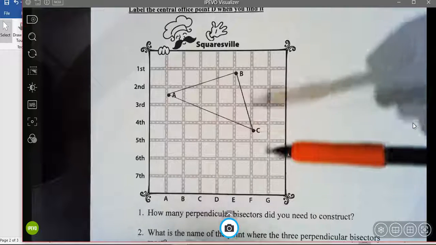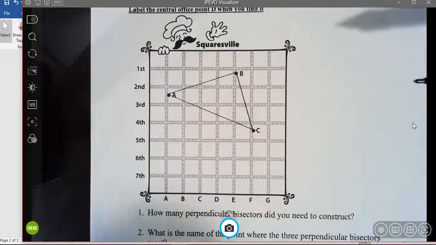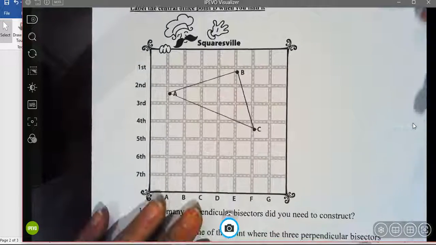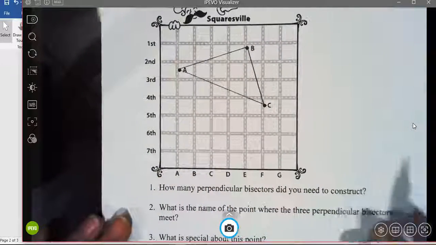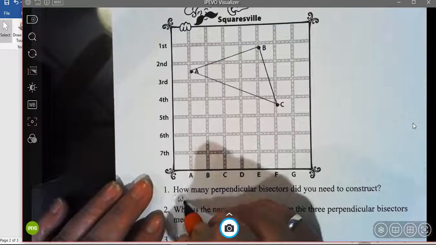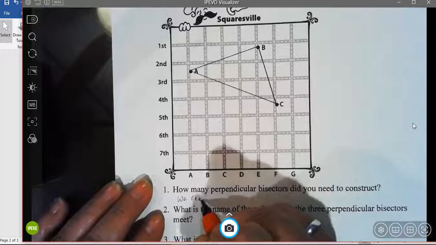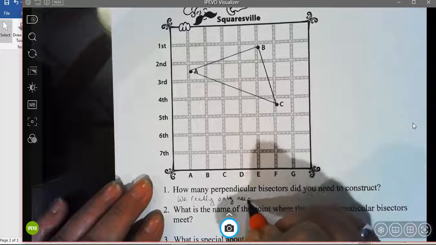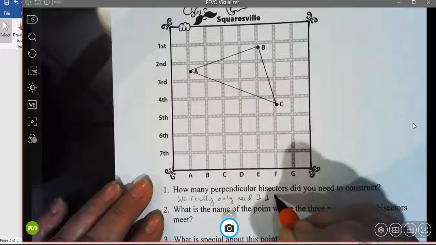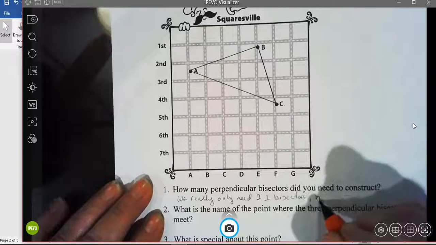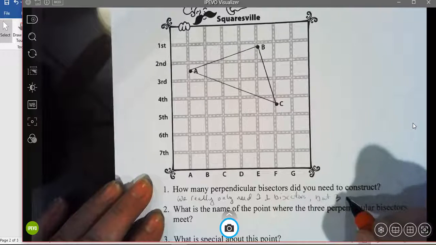We know that all 3 perpendicular bisectors are concurrent, but really we only need 2 to help us find our point of concurrency. So I'm just going to write, we really only need 2 perpendicular bisectors, but 3 would work as well.